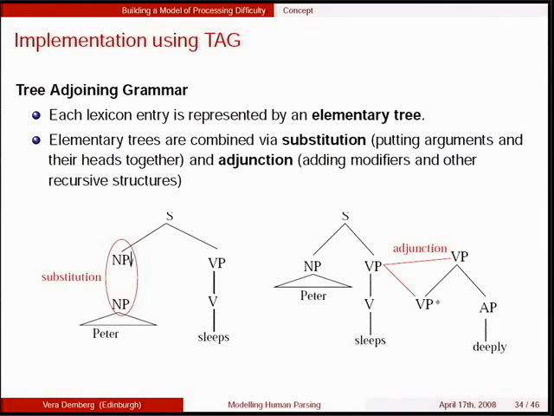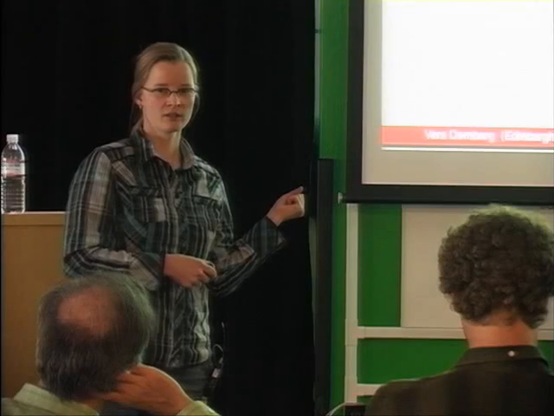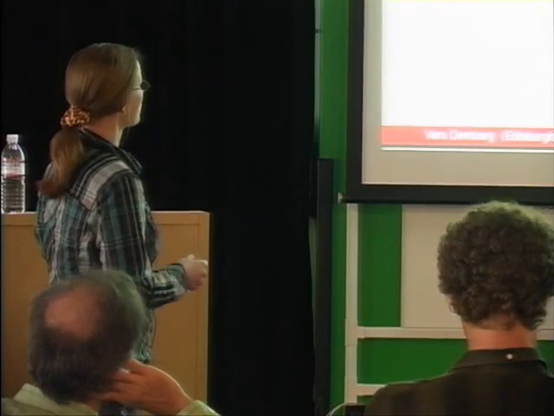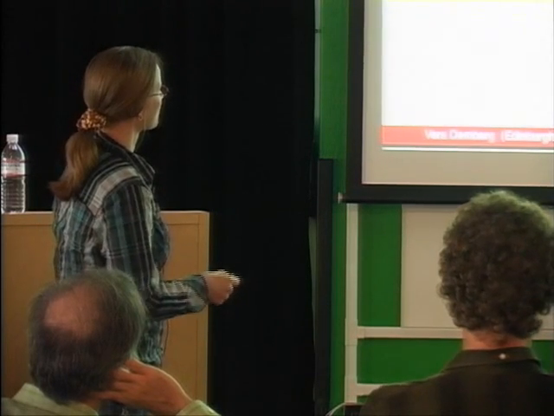There are two elementary functions in tree adjoining grammar. One is substitution. When something requires a noun phrase, noted with a little arrow here, and something else can satisfy that requirement, then we can join them together and they build a tree, like this tree here.